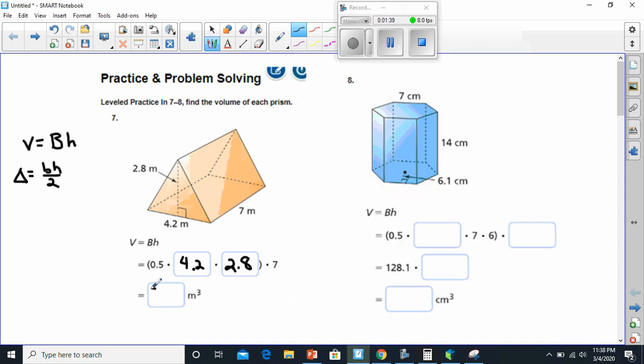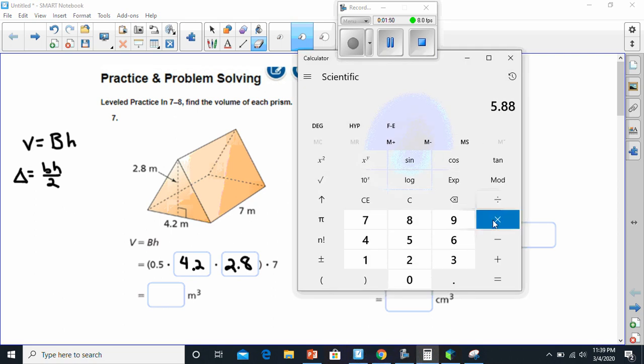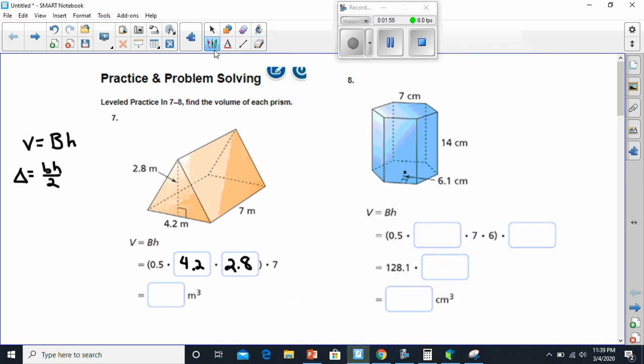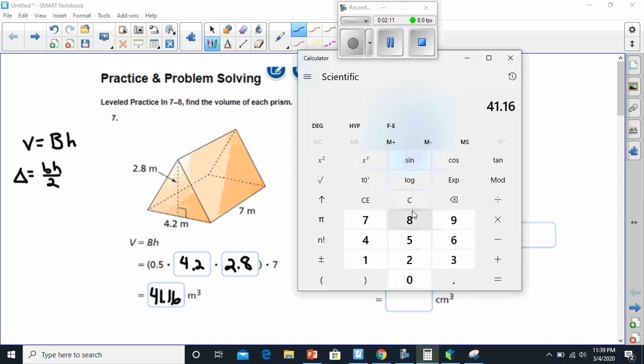Oh, sorry, I forgot to multiply it to 7, didn't I? 5.88, sorry about that, times 7. The volume is 41.16 millimeters cubed. We're going to double check it because I like double checking my work.